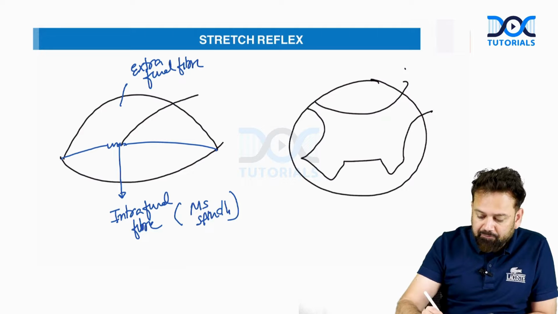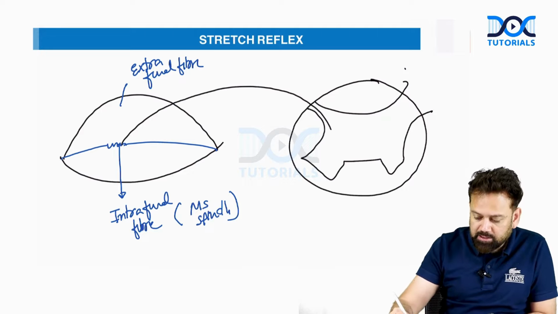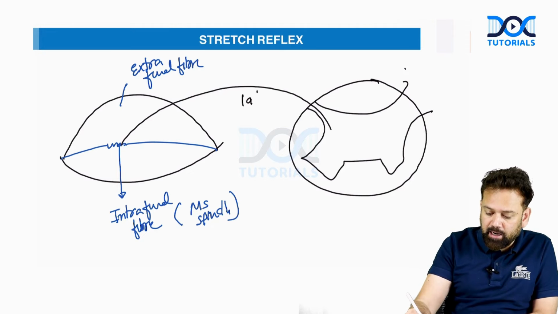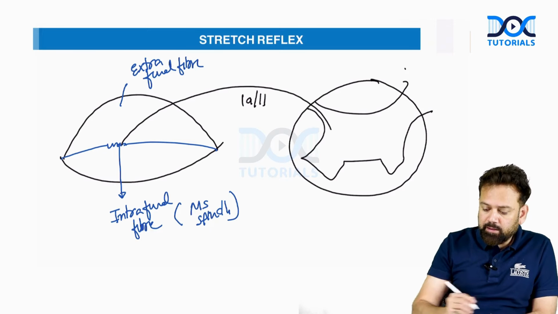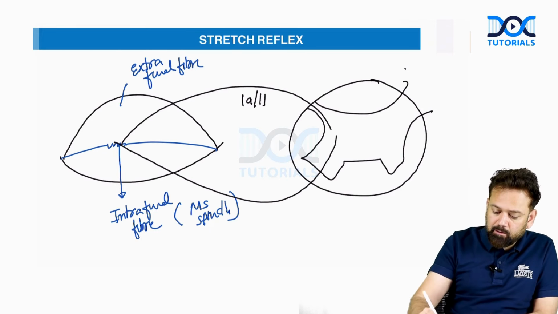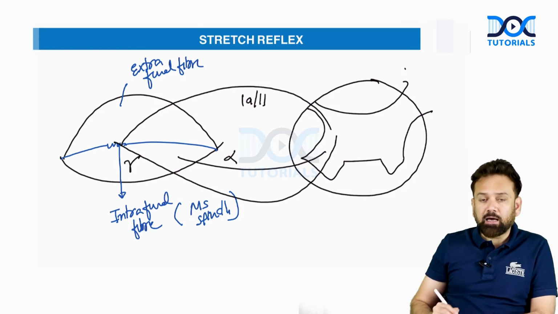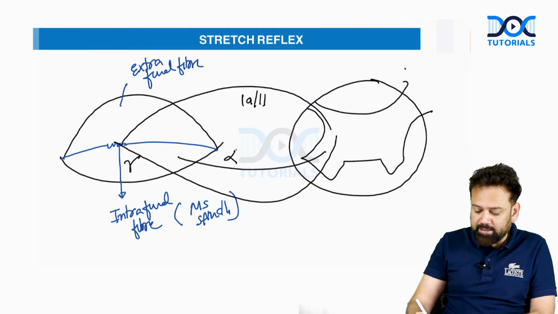Now, the afferents which are taking the sensation of change in the length of muscle fiber are 1A and 2. Efferents are gamma and alpha. It is called as alpha gamma co-activation.